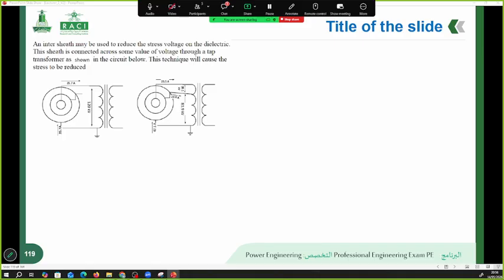An intersheath is a metallic layer placed within the dielectric. This layer is then connected to a specific voltage through a tap transformer. So by applying a control voltage to the intersheath, the total voltage across the cable insulation is divided into multiple stages. This step-down voltage distribution effectively lowers the electrical stress on the dielectric, especially in the inner layers where stress is typically highest.